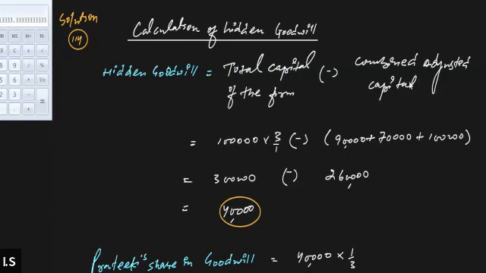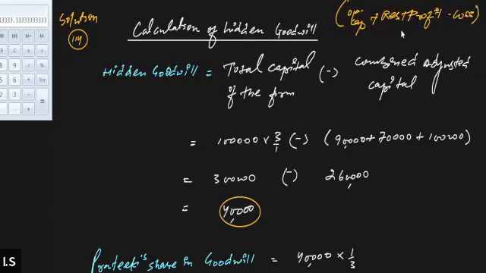Okay. Then we need to find the combined adjusted capital. How do we find out the adjusted capital? We take the value of the opening capital, right? Opening capital plus reserves plus profit minus loss.